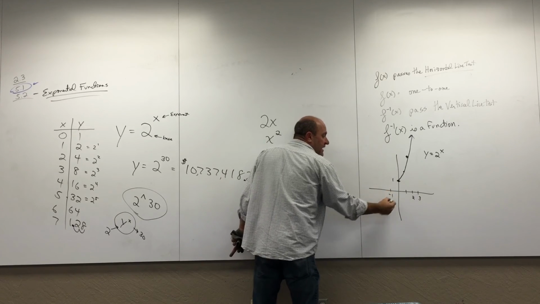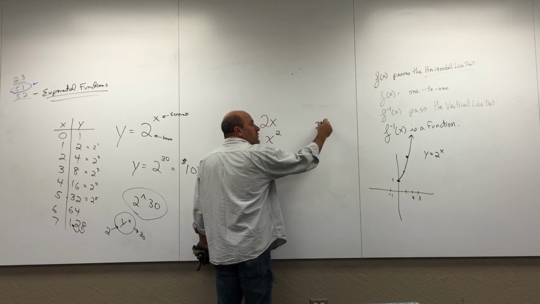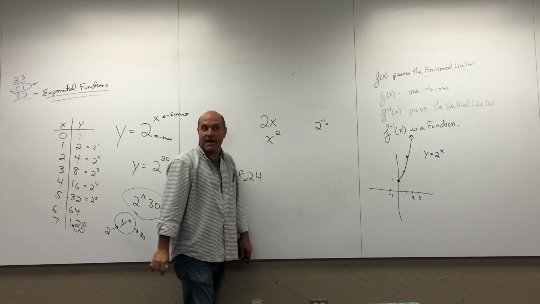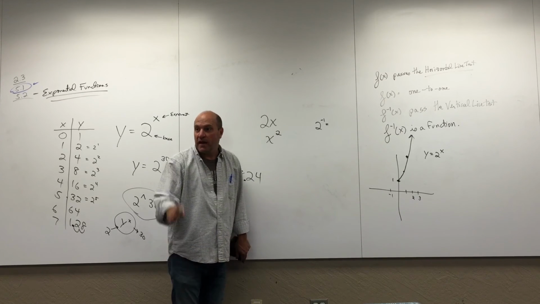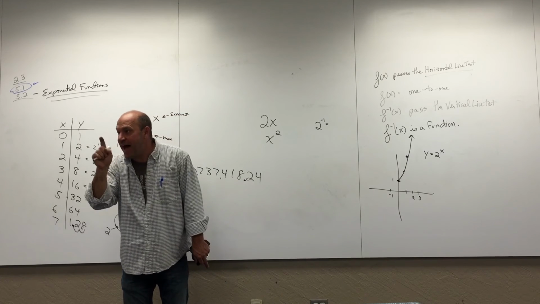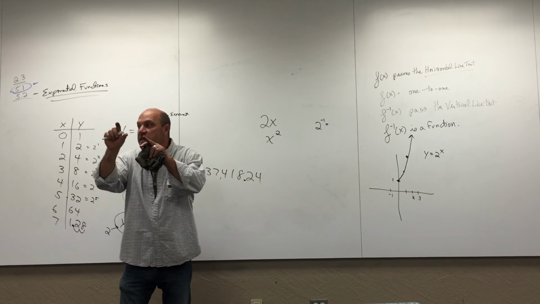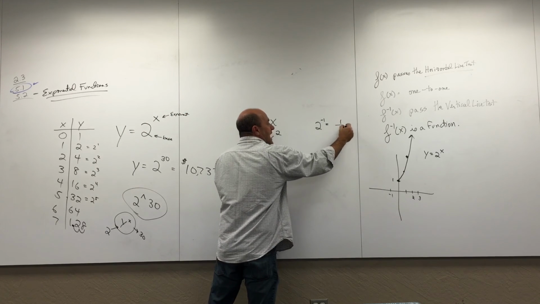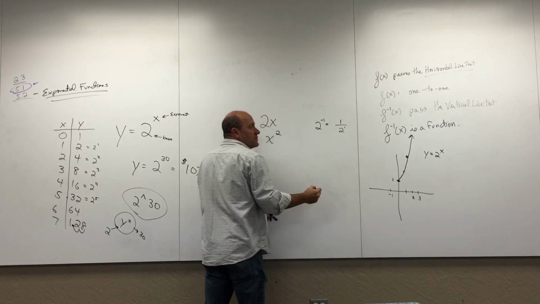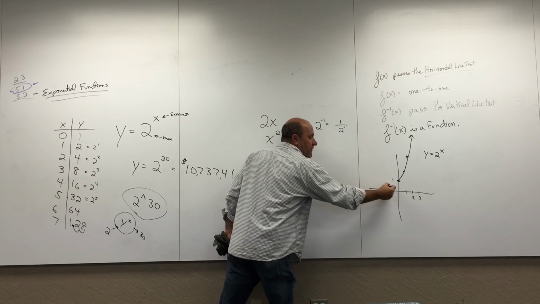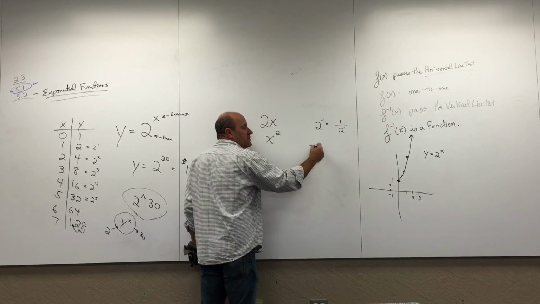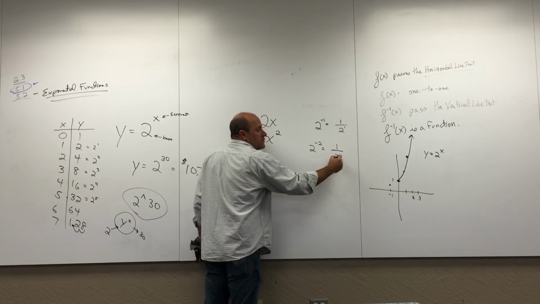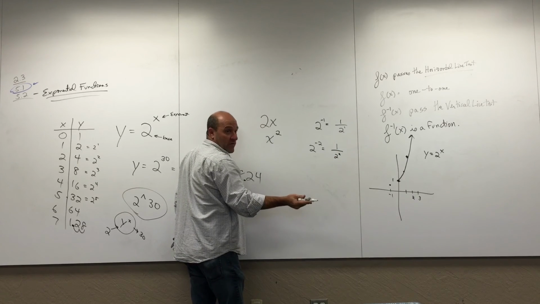When you plot a -1, then you got to know what 2 to the -1 is. Do you guys know what that is? See, now I got to remind you of some exponent rules. A negative exponent is not a negative answer. It means move him into the denominator. It means move him down and it's 1 over 2 to the first, or 1/2. Watch. What's 2 to the -2? 1 over 2 squared, or 1/4.